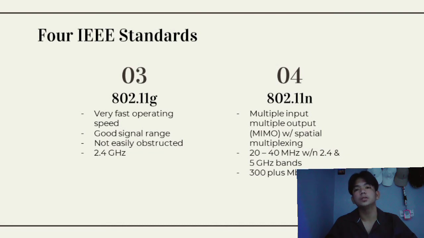The number of times a channel must be acquired and released is significantly reduced due to frame aggregation, making it more efficient than other 802.11 technologies. It can use 20 and 40 MHz channels within the 2.4 and 5 GHz bands. At this writing, most 802.11n devices have a top speed of 300 plus Mbps.